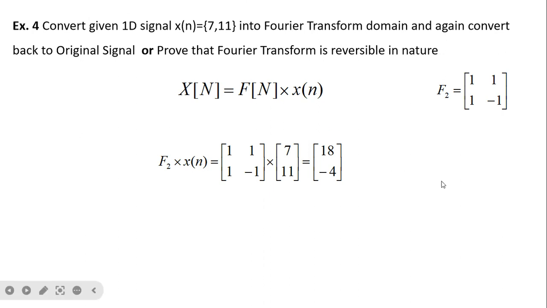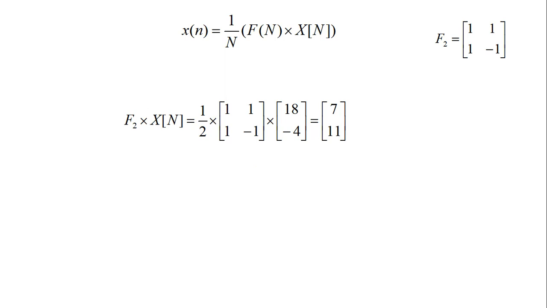You can see this example again. Now we will get our original signal back by using the above formula.